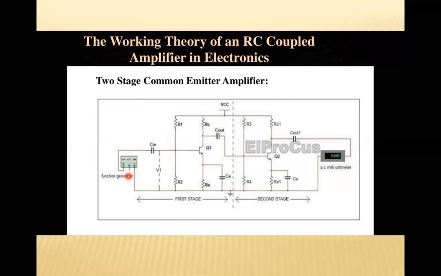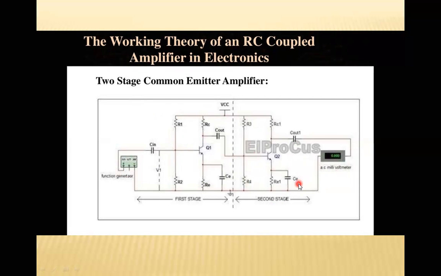But with a function generator, we can change the values of frequency and study the output across the final output. Because we are doing this amplification for the voltage factor, we have used an AC millivoltmeter over here. So this is one stage and this is another stage.